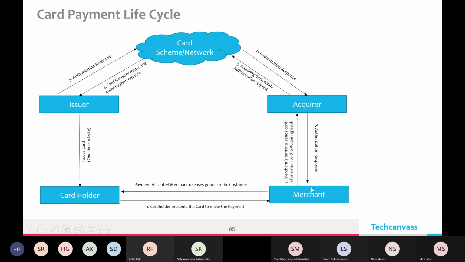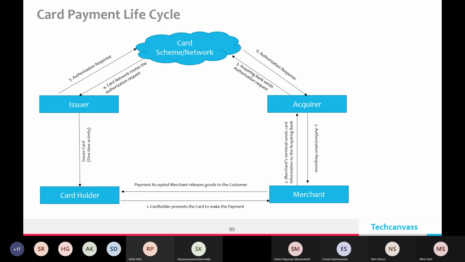Finally it reached the merchant, and then from the merchant a confirmation message comes to the card holder saying that the payment is accepted, and also confirmation comes from the issuing bank saying that the account is debited for so and so amount.